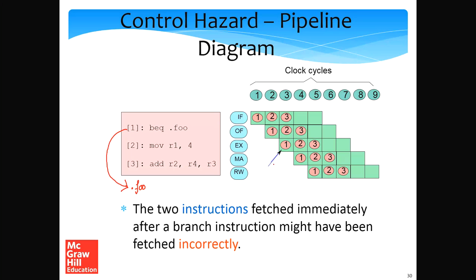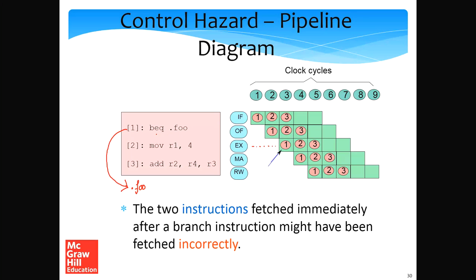But the important point is in cycle number 3. In cycle number 3, a decision is made whether the branch is taken or not, because in cycle 3, instruction 1 is in the EX stage. In the EX stage, the branch unit takes a look at the flags.